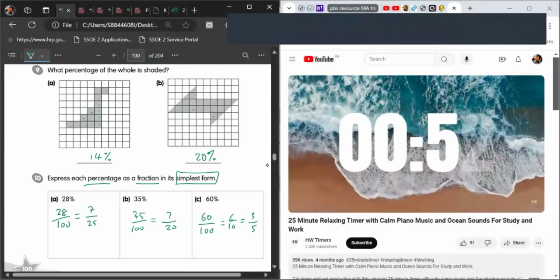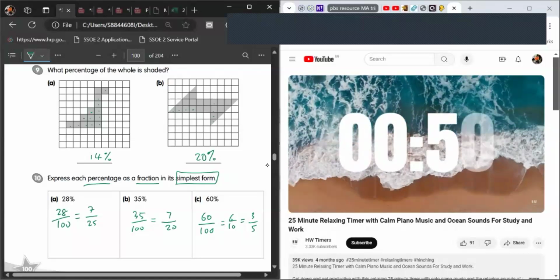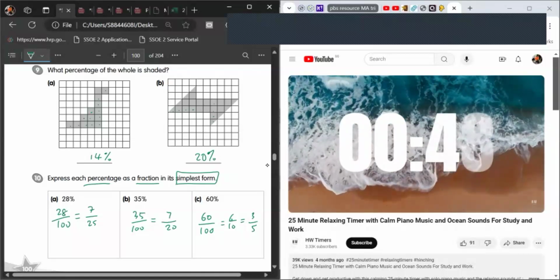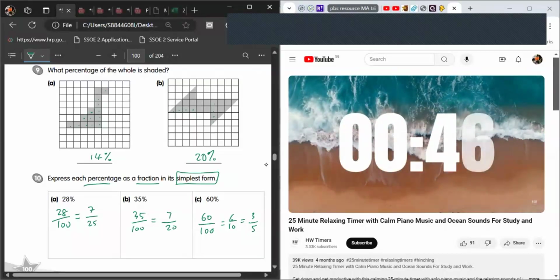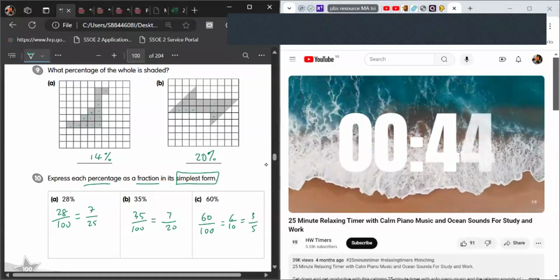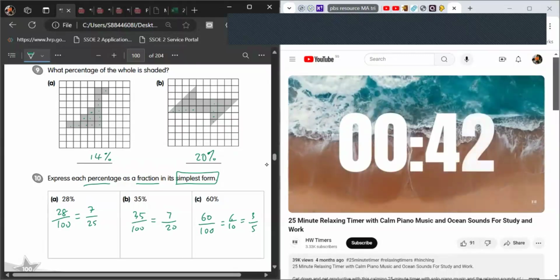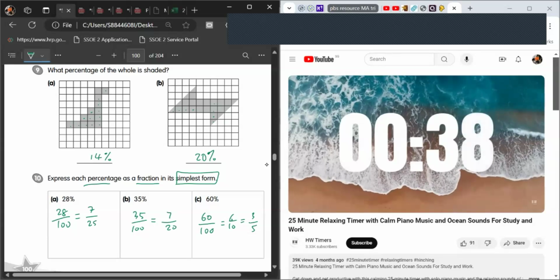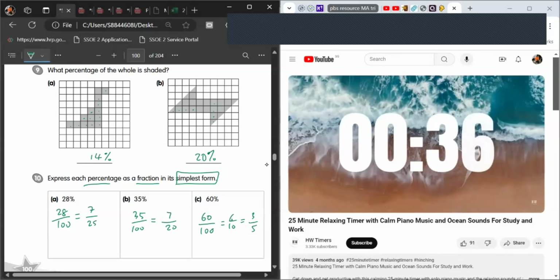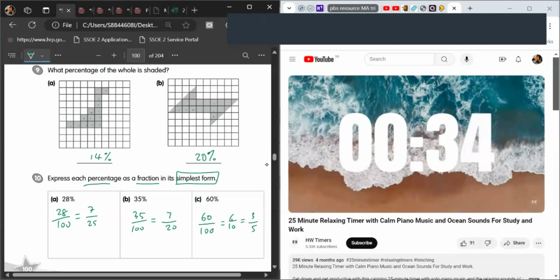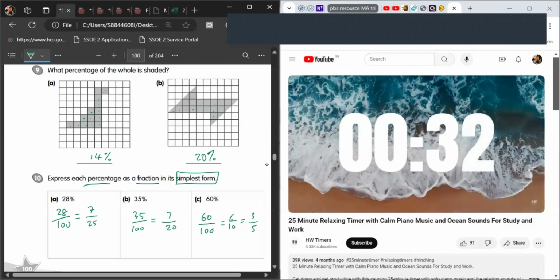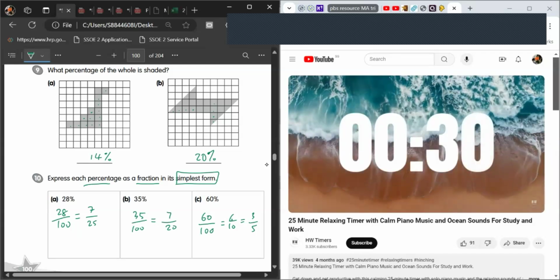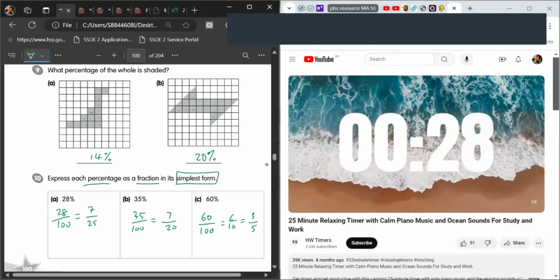For question A, you notice that I dotted every square that I'm counting. But question 9B, I only dotted some squares and I got to the answer already. Anybody can understand why? What shortcut did I use? I asked the question, answer my question.